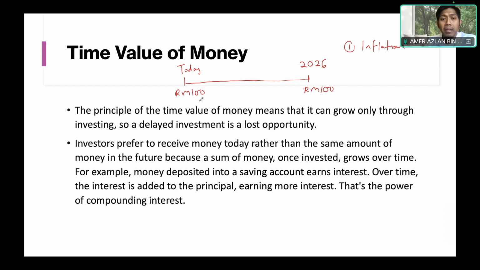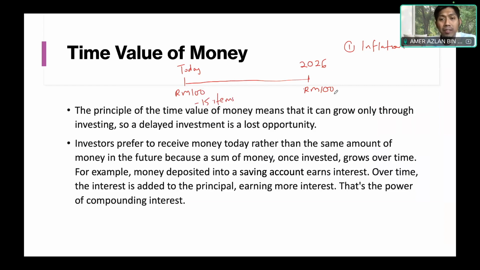For example, with 100 ringgit today, we might be able to buy 15 items, right? If you go to any stores for grocery shopping, with 100 ringgit, maybe we could afford to buy 15 items.